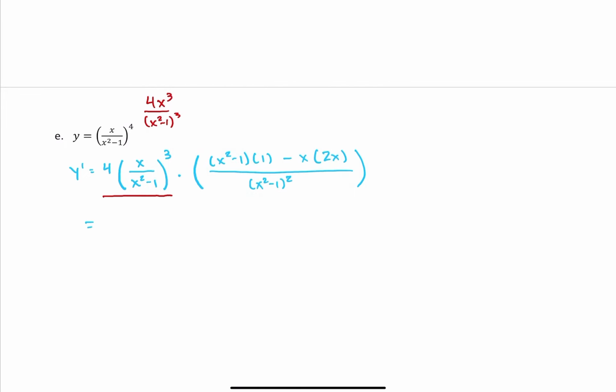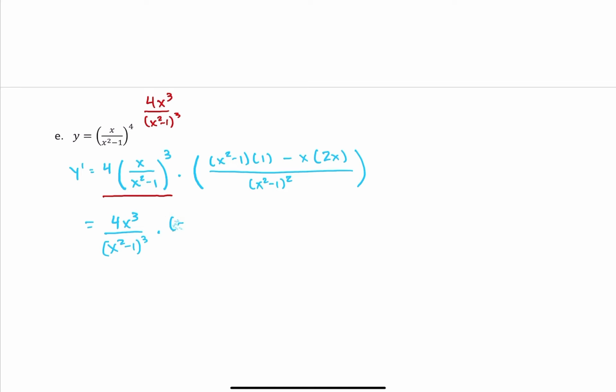So when we simplify our derivative, we're going to have 4x cubed divided by x squared minus 1 cubed, and then it's going to be multiplied by, so we're going to have x squared minus 1 minus 2x squared. So x squared minus 2x squared is negative x squared.